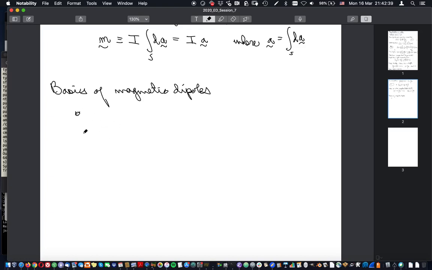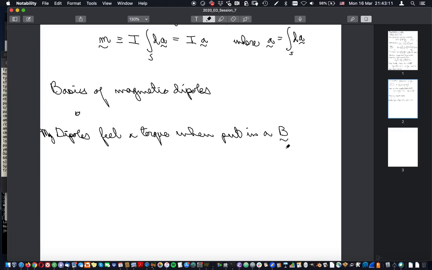Okay, so what are basic physical properties of these dipoles? Well, the first thing to say is that magnetic dipoles feel a torque when put in a magnetic field B.